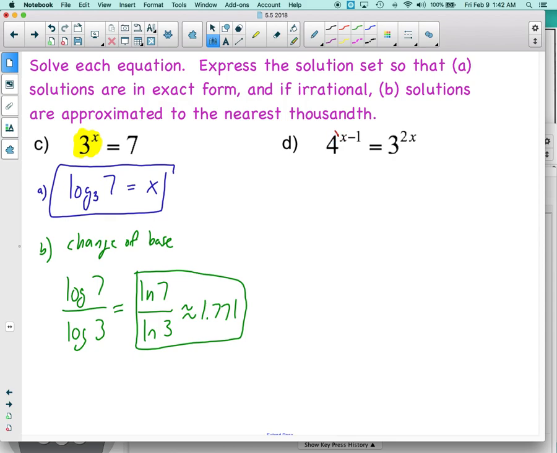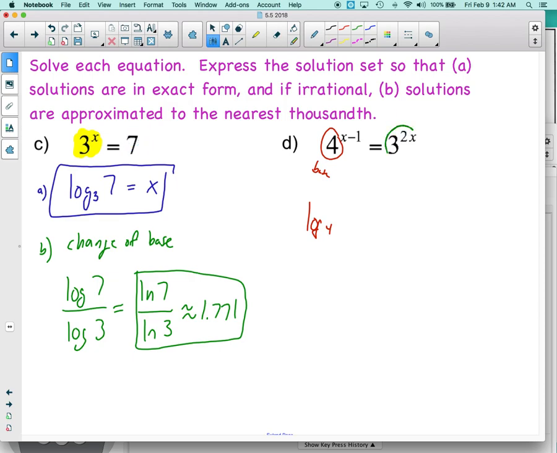And so this is the base of our power. Remember what the base of our power does: it becomes the base of our logarithm when we go to logarithm form. So we get log base 4. Now where did the 7 come from? The 7 came from the answer over here.